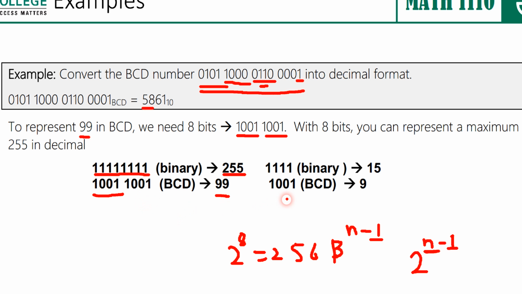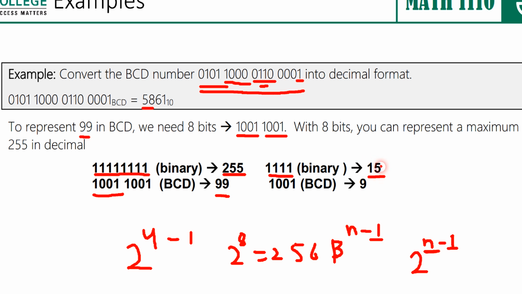In a similar way, if we have a 4-bit number in binary and we turn all of the bits on, we will have 15. Why would we have 15? If you look at the formula and we put 2 to the power 4, that would give us 16, but then we have to subtract 1 from it.